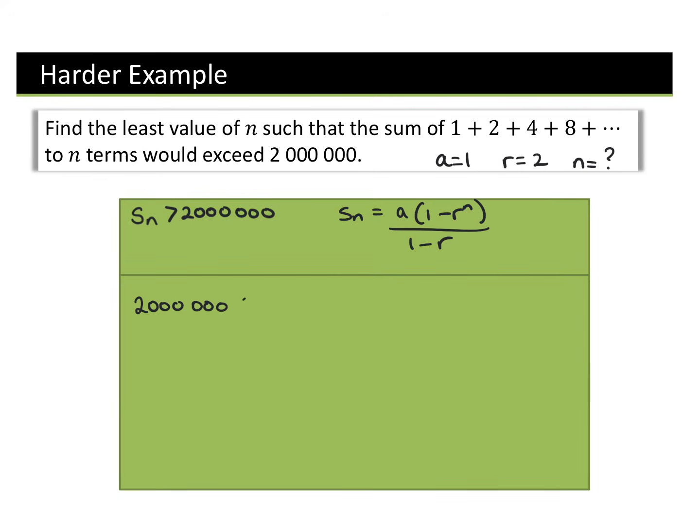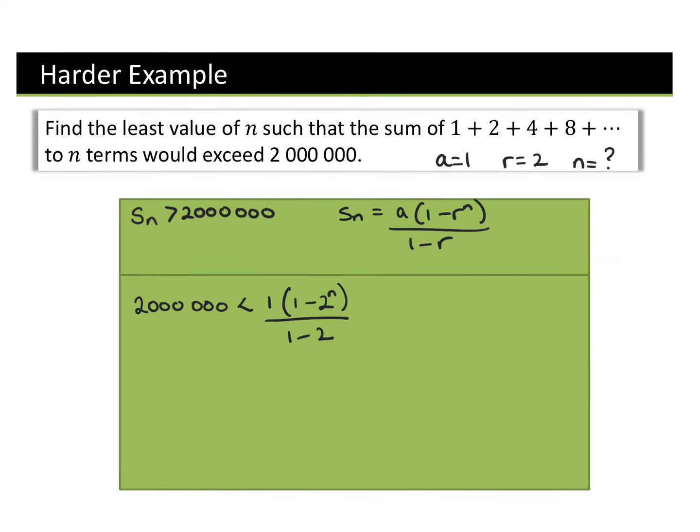I want my formula to be greater than 2 million. My a is 1. 1 minus 2 to the power of n over 1 minus 2.